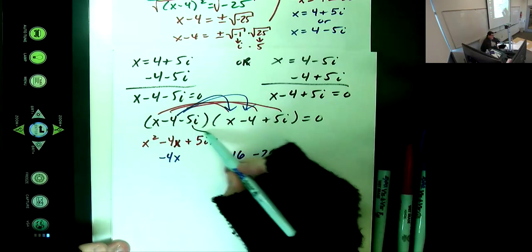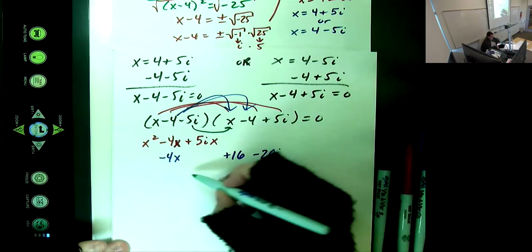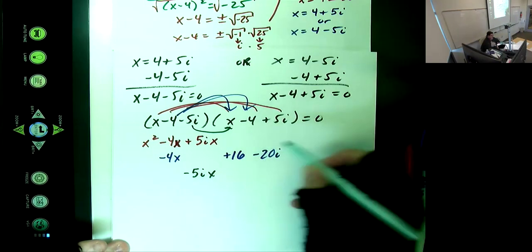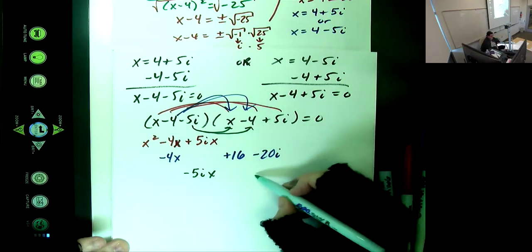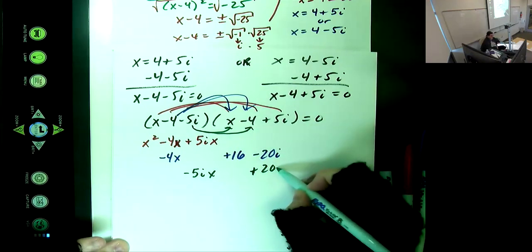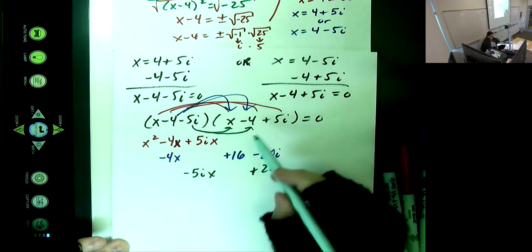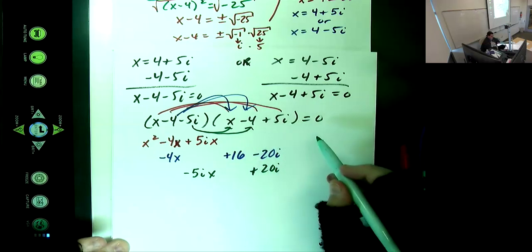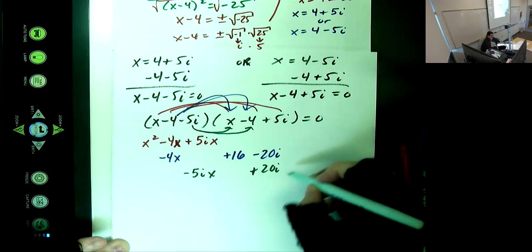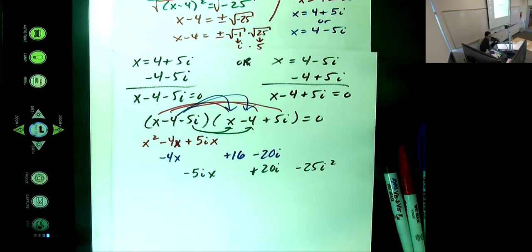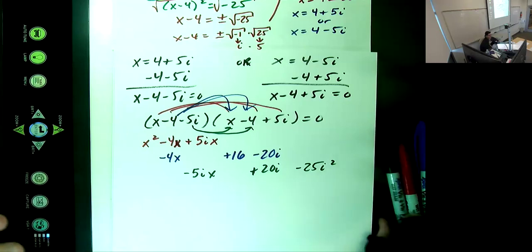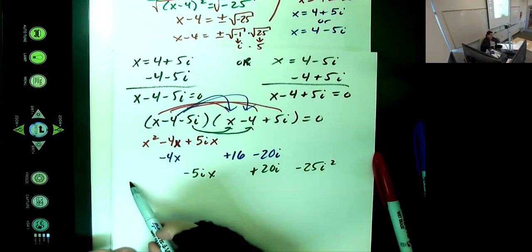Finally, I'll do this one. -5i times x is -5ix. -5i times -4 is plus 20i. And -5i times 5i is -25i squared. Now I stacked them rather than doing them side by side so that we could add vertically.